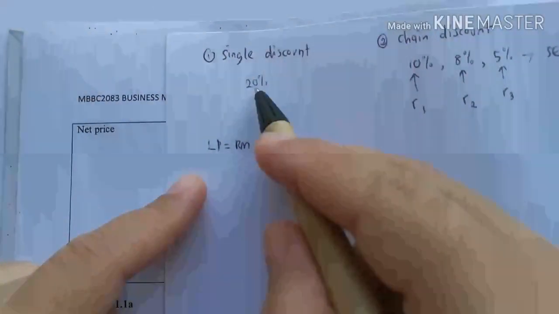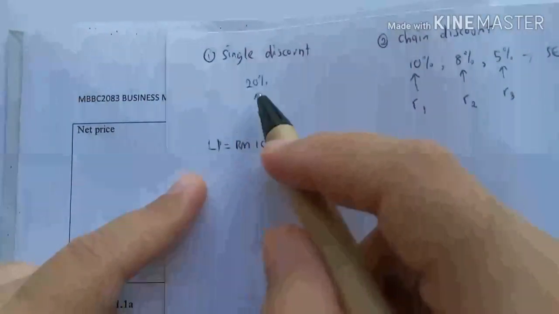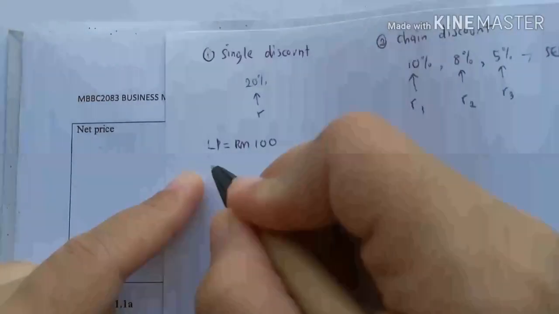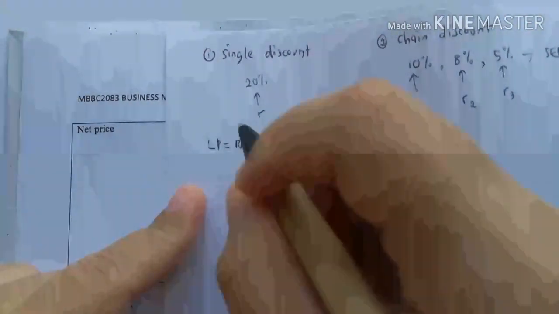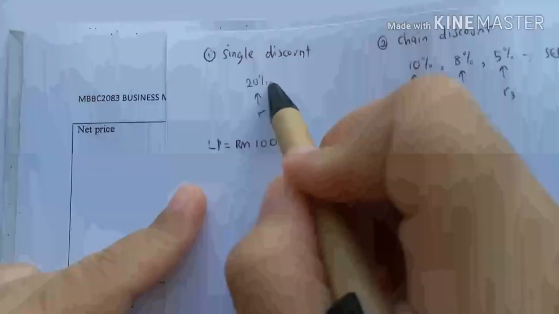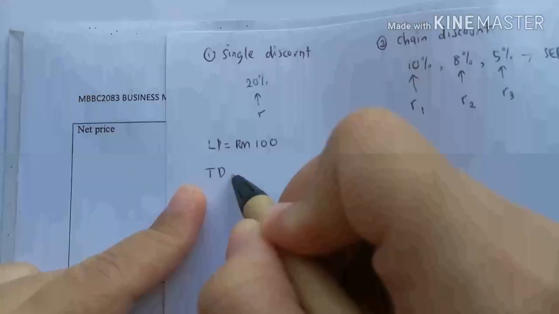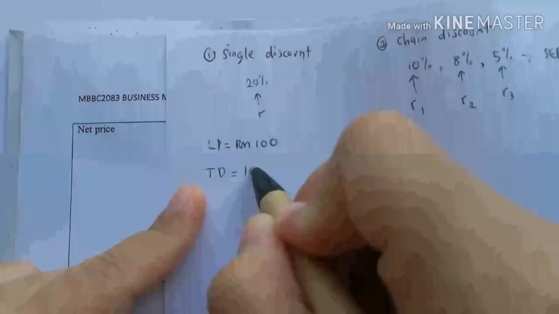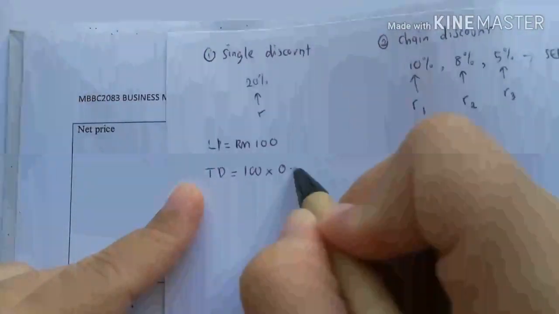Now we would like to find out the price after the 20% discount, which means how much you should pay after the 20% discount. So usually we will find the discount amount first, which is we're trying to convert the percentage into RM. So the discount amount is actually the original price of the shoes, which is 100 ringgit, times 20%, 0.2.